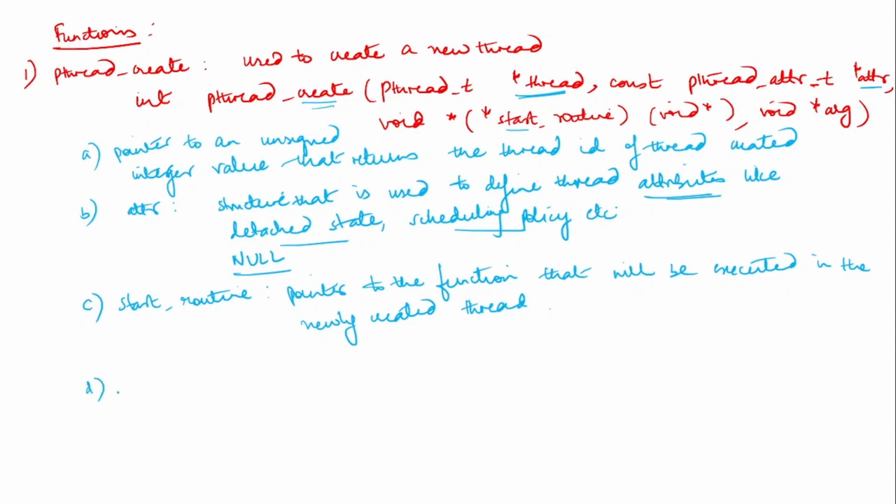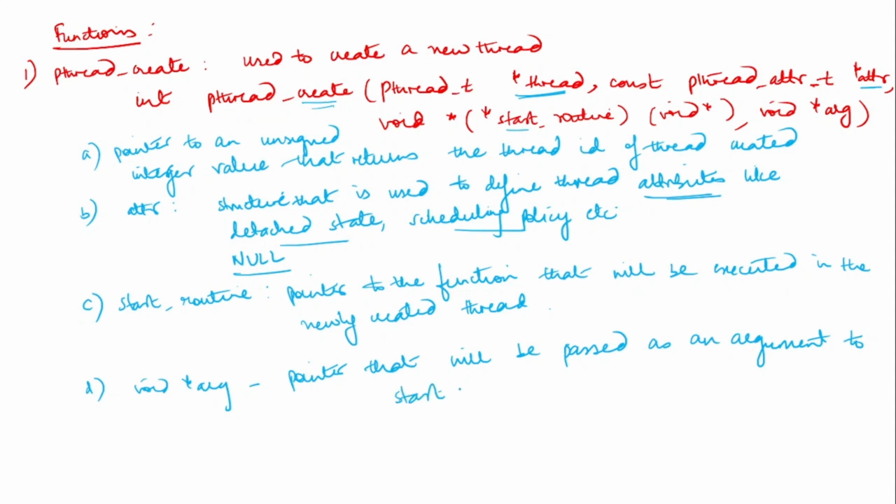Next, the last is the void star argument. What it does is nothing, it is just a pointer that will be passed as an argument to the start routine function.